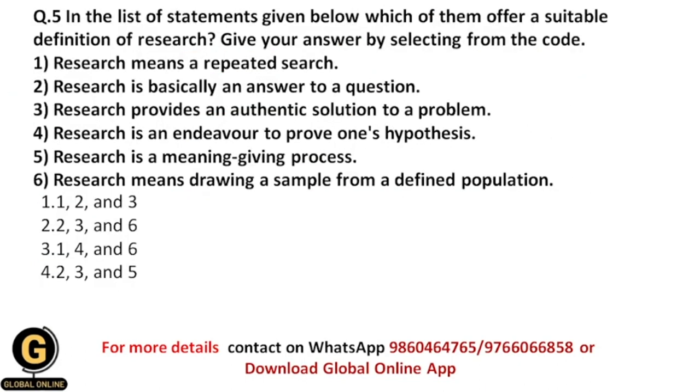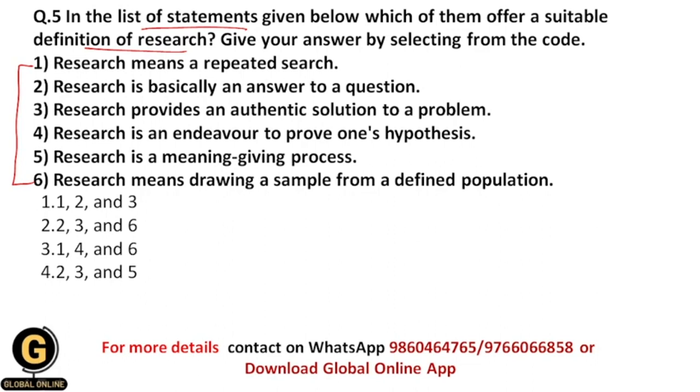Okay. In the list of statements given below, which of them offer a suitable definition of research? Give your answer by selecting from the code. So basically here we have been given 6 statements, and among these 6 statements we have to find out a suitable definition of research.